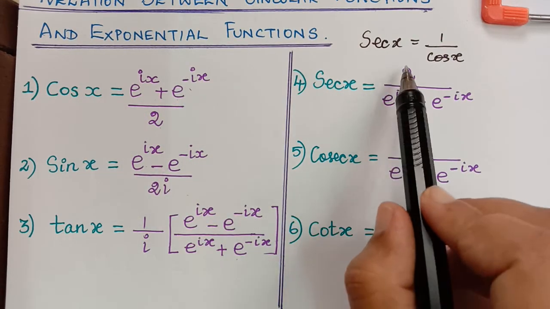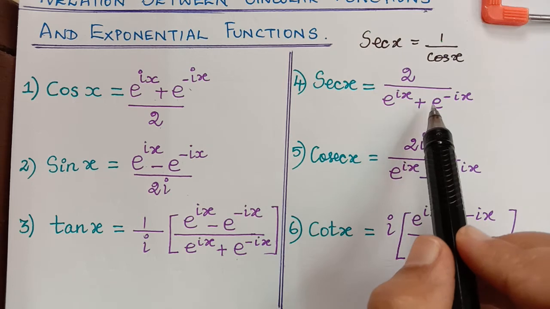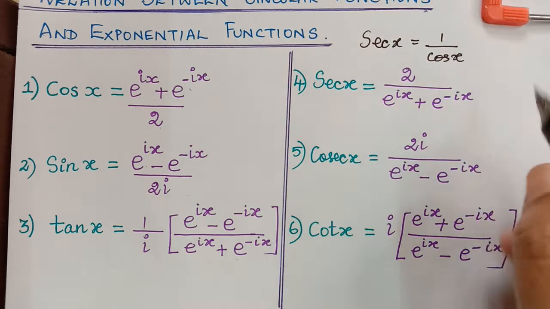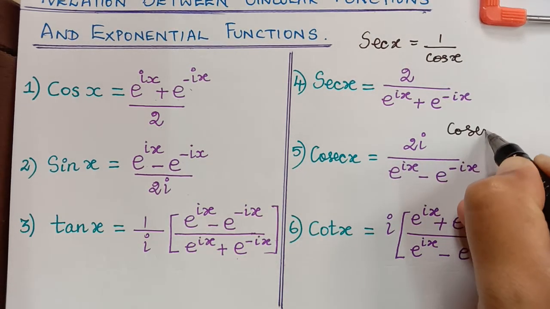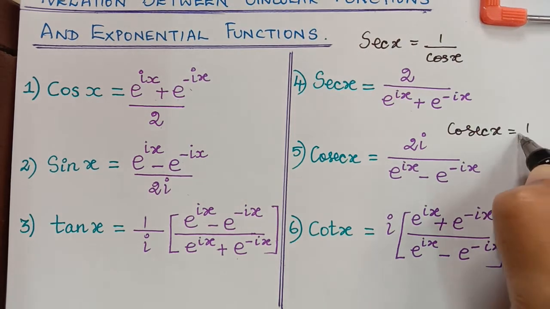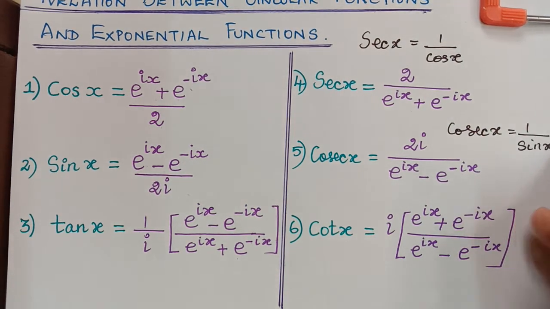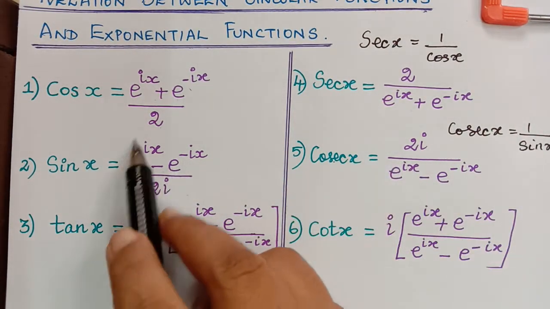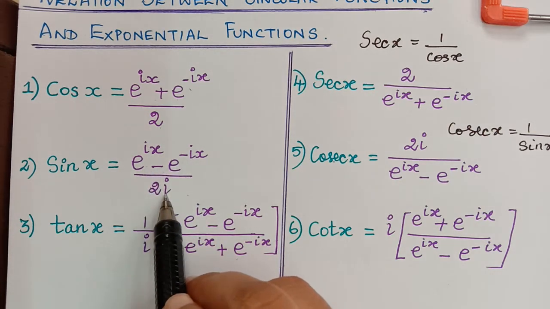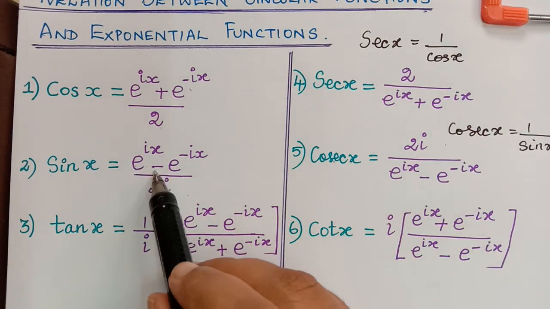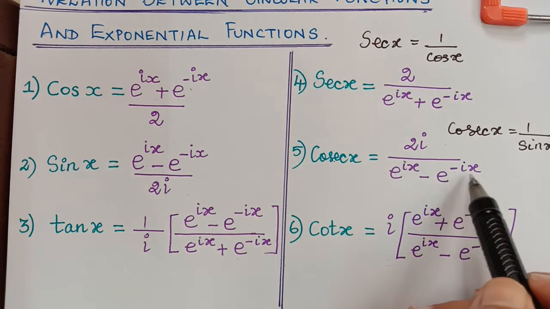So it will be 2 divided by e power ix plus e power negative ix. Similarly, we know that cosecant x is equal to 1 by sin x, so this term will be the reciprocal of that term. So it will be 2i divided by e power ix minus e power negative ix.